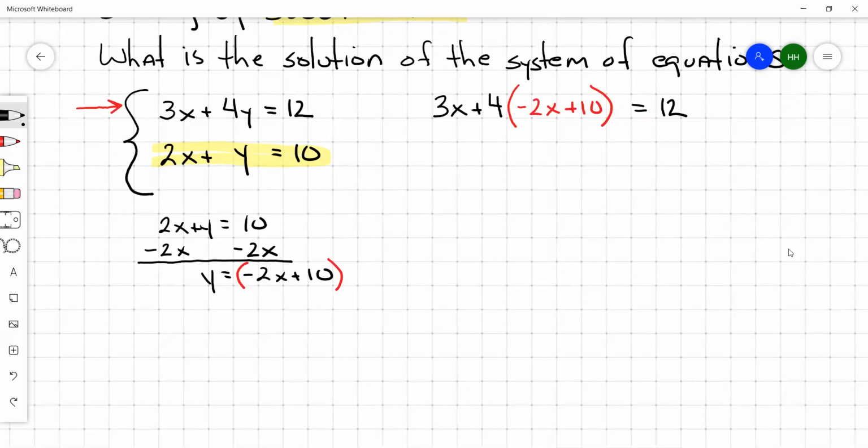Okay, so once we have substituted what y is equal to into the other equation, we're going to distribute. So we're going to get 3x minus 8x plus 40 equals 12.